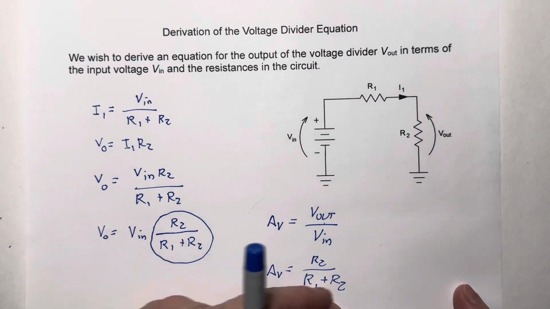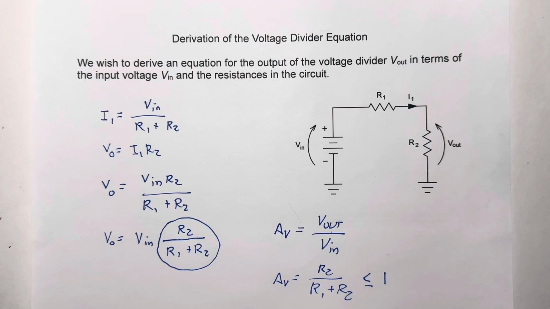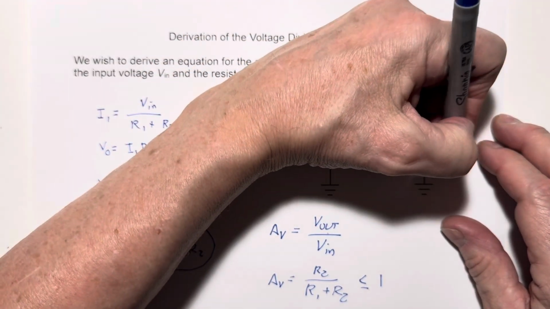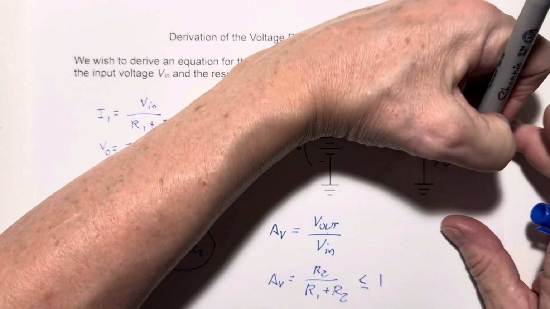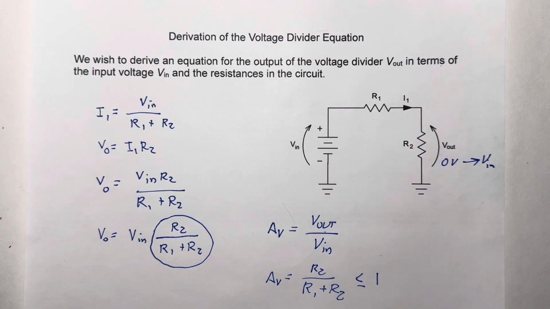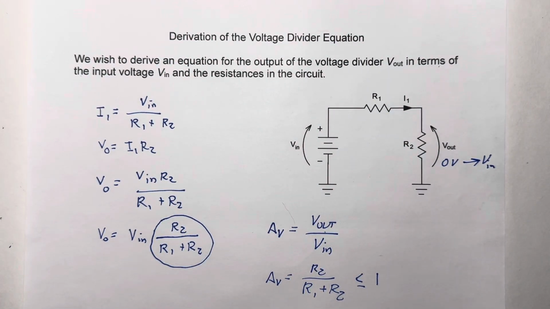And notice that this is always going to be less than or equal to 1. So V out will vary between 0 volts and V in, whatever that is, depending on the values of R1 and R2.